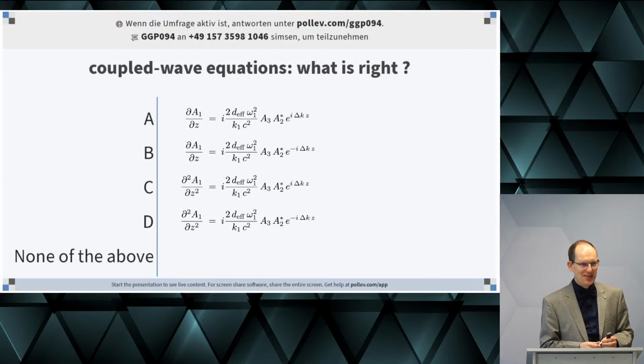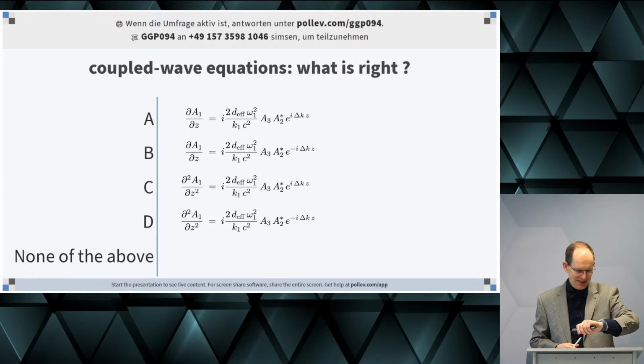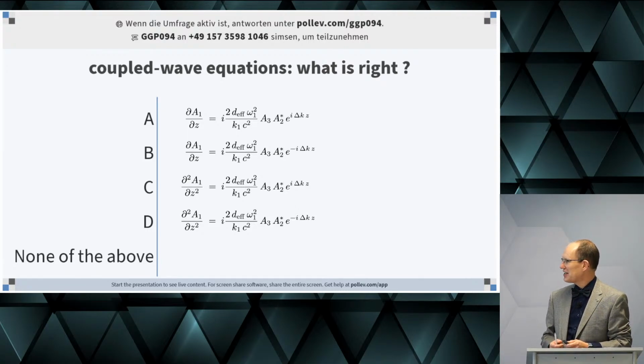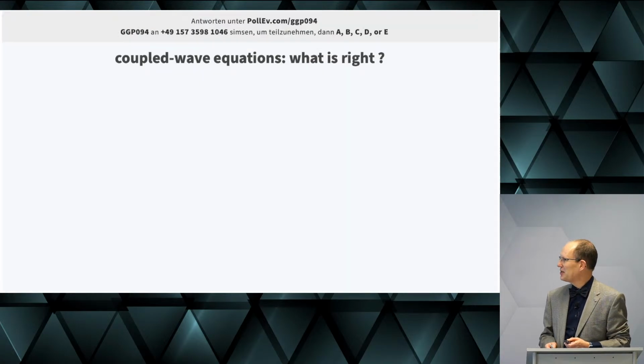I leave it here for another 15 seconds or so, and then you should have made your choice. There are 5 choices, and one of A to D is right. Got it? Then we go to the real one.